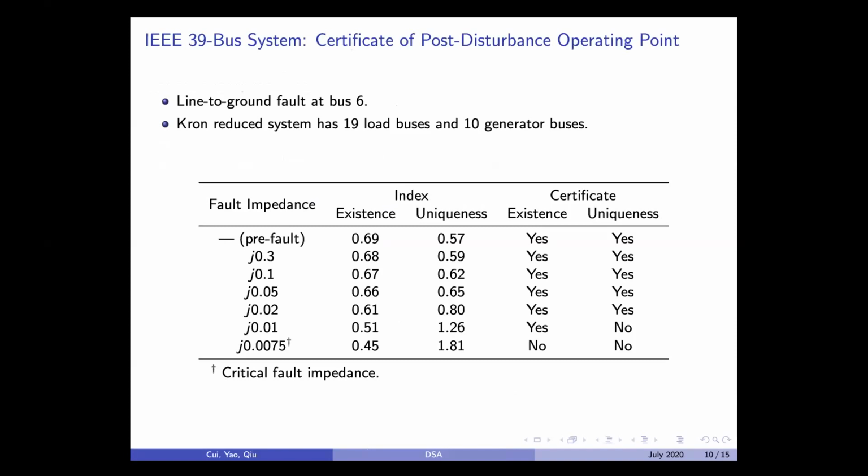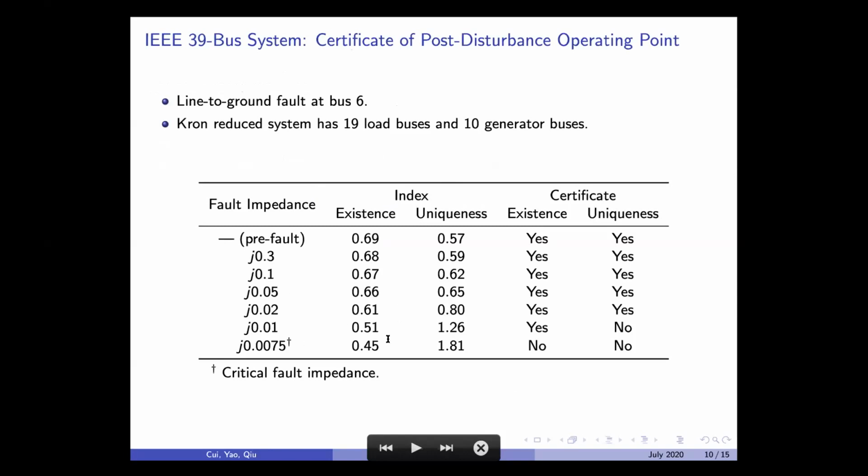For the first simulation, we test our condition on the IEEE 39 bus system. We assume there is a light ground fault at bus 6. And we simply check the condition satisfaction for different fault impedance.